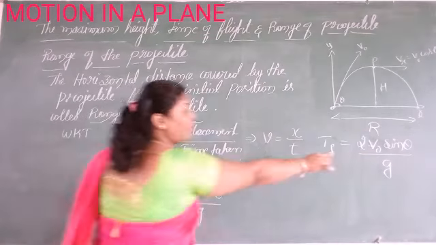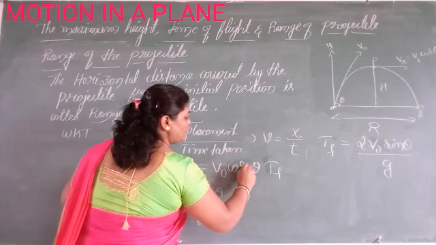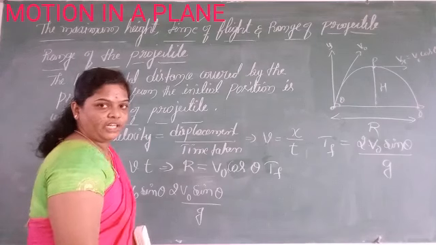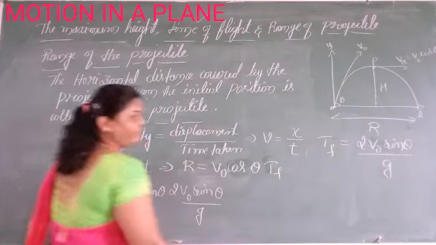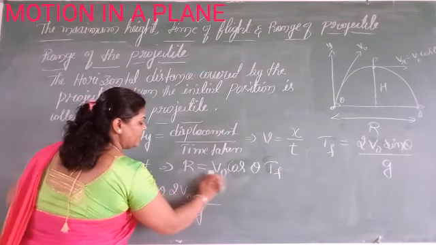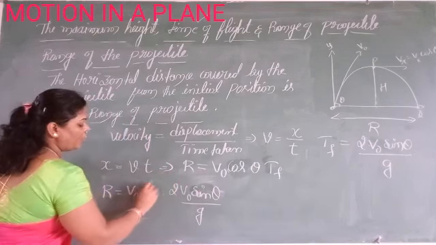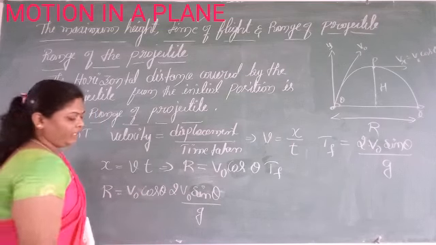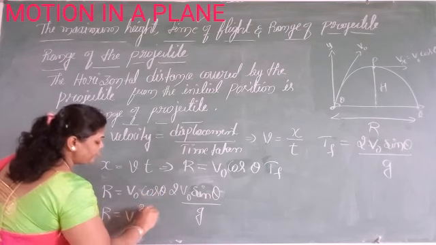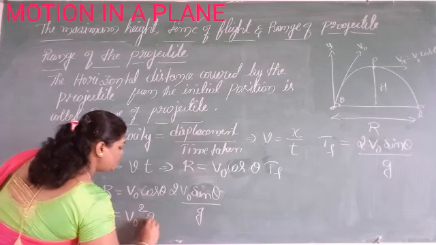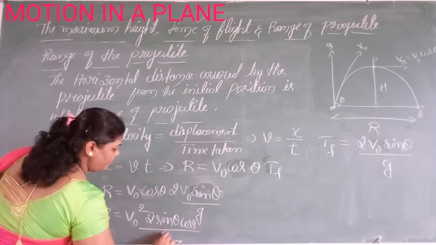Since we take the horizontal component of velocity, it is cos theta. For vertical motion we take the vertical component, but for range we have to take the horizontal component of velocity, that is V naught cos theta. So V naught into V naught is V naught square, and we get 2 sin theta into cos theta divided by g.